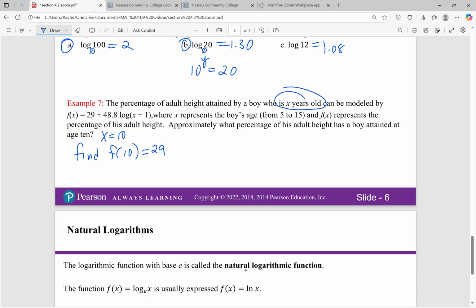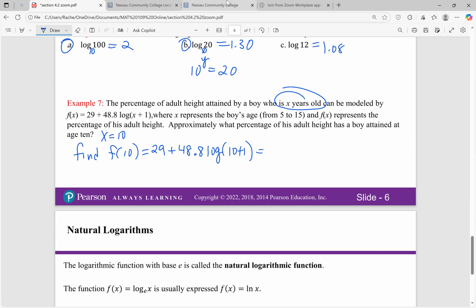So we're going to get 29 plus 48.8 times the log of 10 plus 1. And that we could go ahead and plug into the calculator. And let me just write this down before I go to the other screen. So we have 29 plus 48.8 times the log of 10 plus 1, which really is just 11, right?